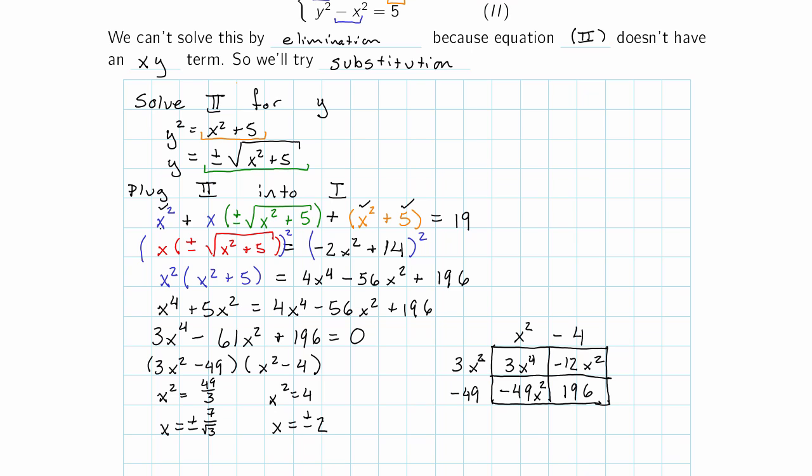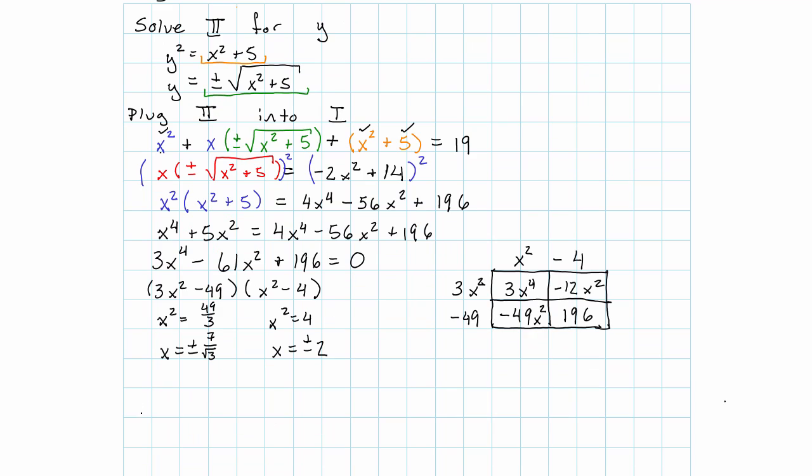Okay, so that's 4 different x values. And to find out the corresponding values of y, well, y is one of the square roots of x squared plus 5.